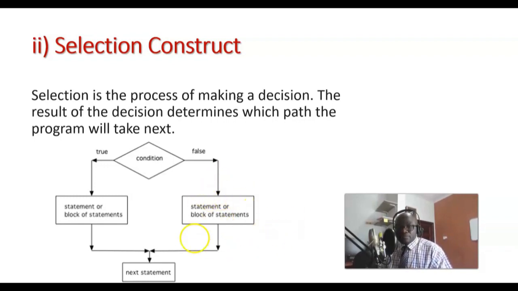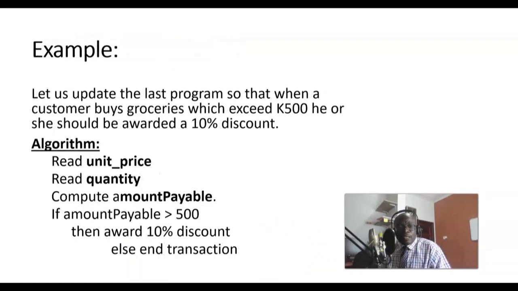At this point, one of the two statements will need to be selected, and that is why it is known as a selection construct. You are not just going to execute every statement in a program. Particular statements will have to be selected for execution depending on whether they fulfill a given condition. So let us look at an example.